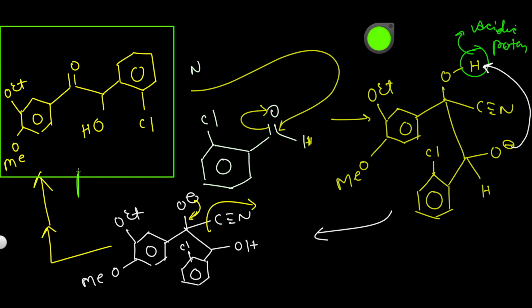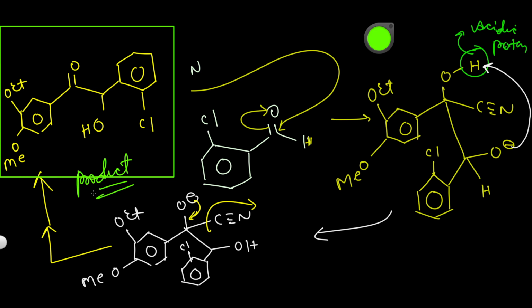So this question is very, very important, because you will have to apply so much of your brain, right? Because you have different electrophilic centers, so there are more possibilities of attack.